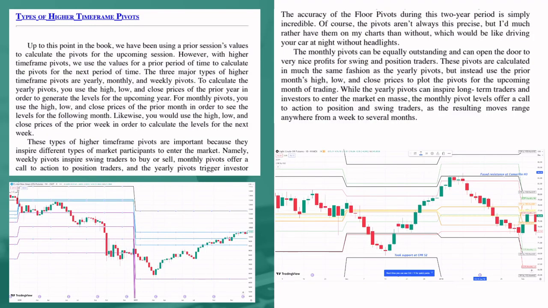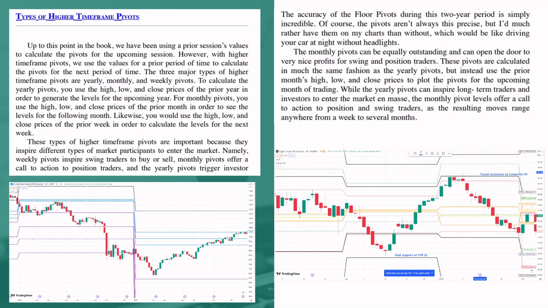Then when we went to types of higher time frame pivot analysis, we saw the explanation of how yearly pivots are used, how he's combining CPR and Camarilla, who uses yearly pivots and what time frame needs to be used in yearly pivots. We also saw monthly pivots and what time frame to be used.